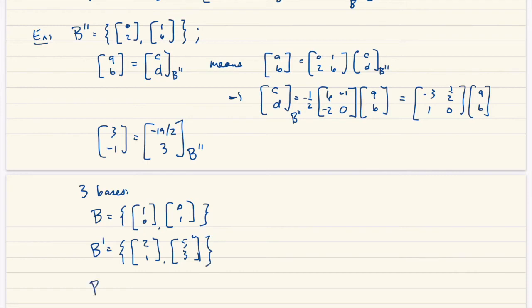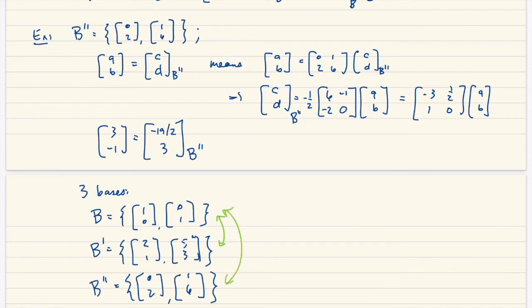And then we had B double prime, which we can see above was 0, 2, 1, 6.